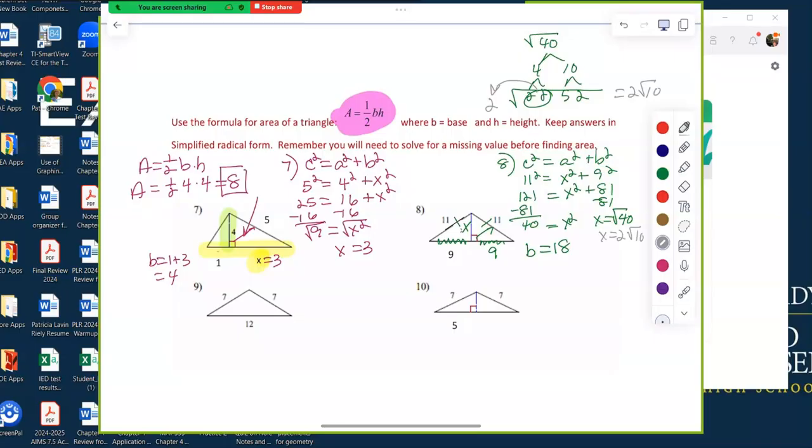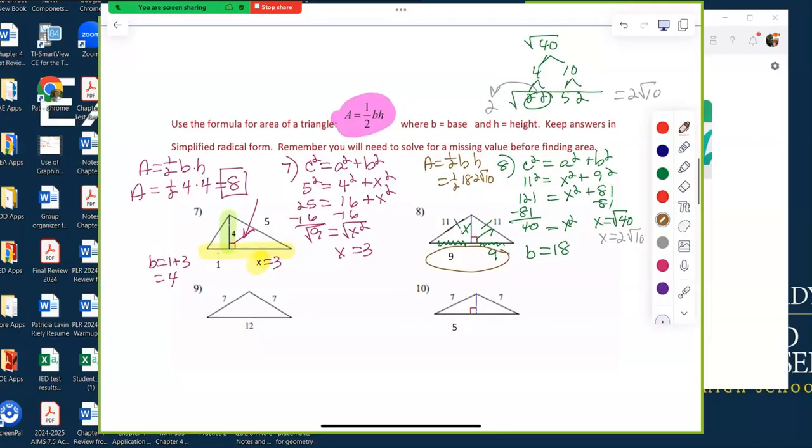Okay, I need my area. So I'm going to change colors so you can just see it a little better. Area equals 1/2 base times height. So I have 1/2. The base is the 18, and the height is 2 radical 10.